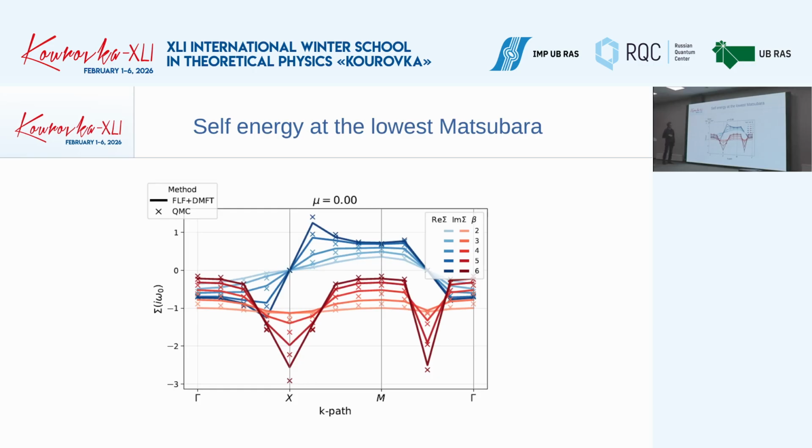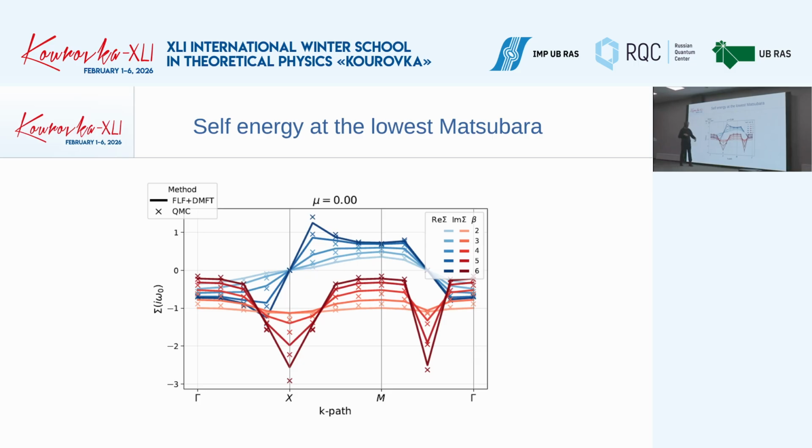So this is the k-dependent self-energy function for the lowest Matsubara frequency. The crosses are numerical data obtained by QMC simulation, and the curves are our data.